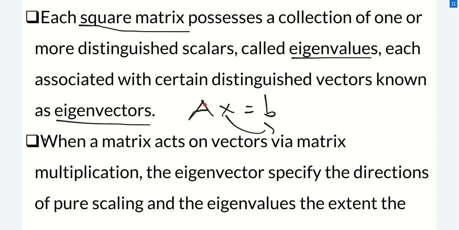Vectors have magnitude and direction. So the eigenvector determines the direction, then the eigenvalue tells us the extent to which this vector will be shrunk or stretched.